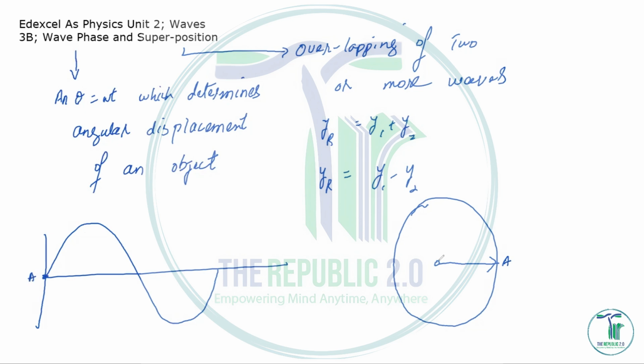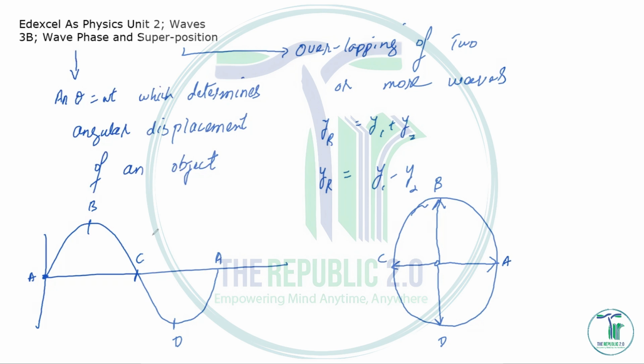When it starts rotating and reaches point B, the object gets to point B over here. Then when the object gets to point C, it can be copied over here at point C. Similarly, when the object gets to point D, the object in this wave gets to point D. And when it gets back to where it started from, A, it is going to be A again.